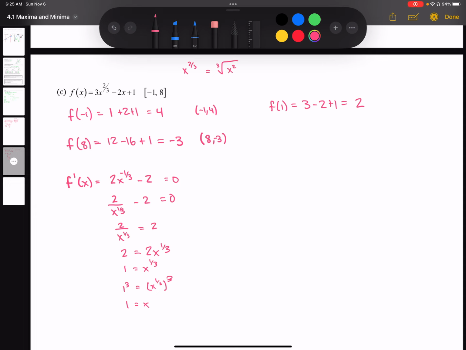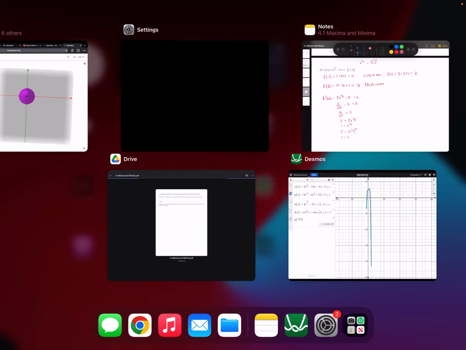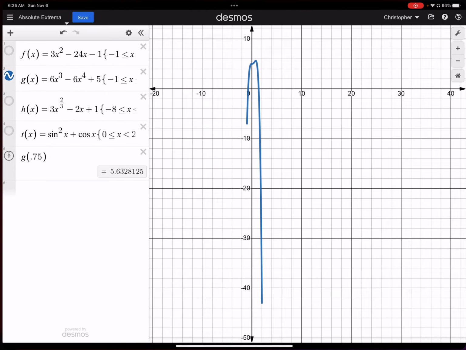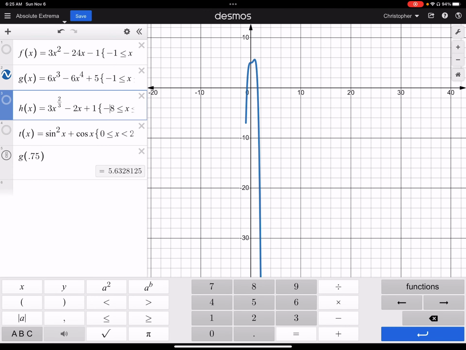So this corresponds to our maximum, and this corresponds to our minimum. Let's go check that one. I put the intervals in wrong. That should be from -1 to 8.